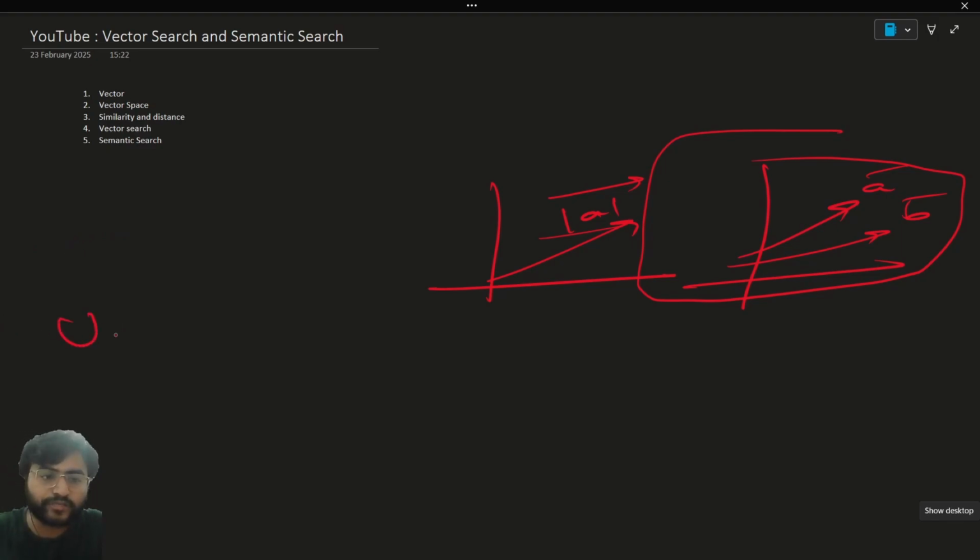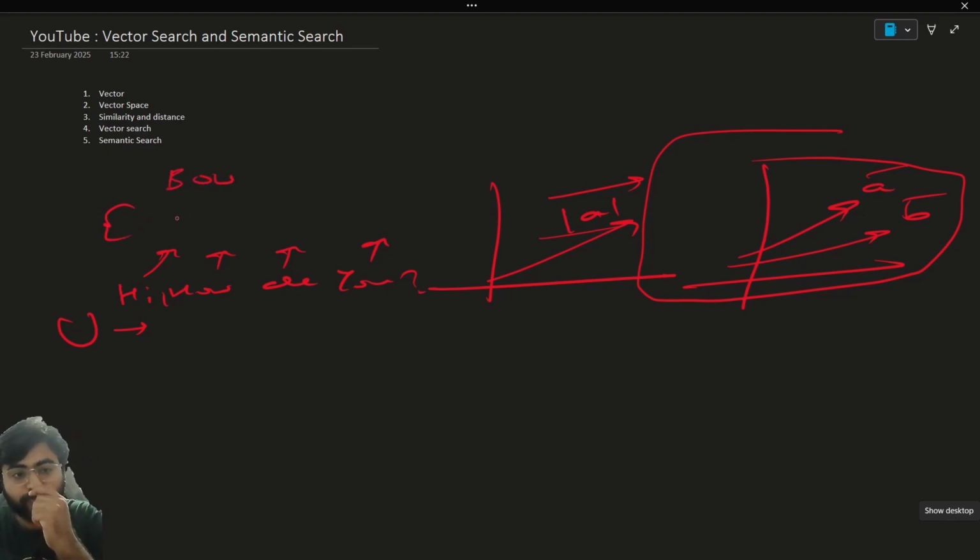There is a user who sends a query, something like, "Hi, how are you?" Now what happens? First we need to understand the basics of how this text is converted into a vector. Let's say hi is one word, how is one word, are you is one word. There are popular methods to convert this into a vector. One is bag of words.